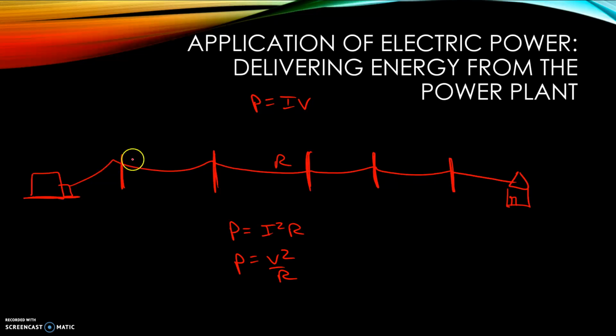This could be tens of thousands of volts, but it's tens of thousands of volts essentially across its length. So this change in voltage as you travel through the wire will be very small because it doesn't take a lot of energy to get through that wire. However, if we had a high current, we would be heating up the wire. So what they do is they transmit the power to us at extremely high voltages but at very low current.